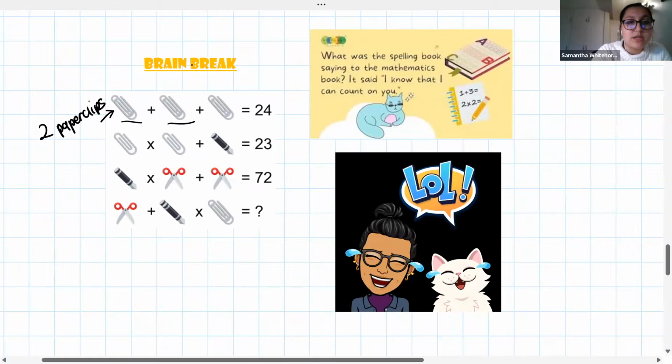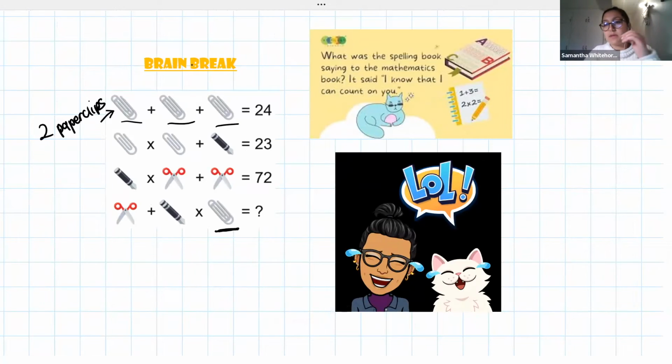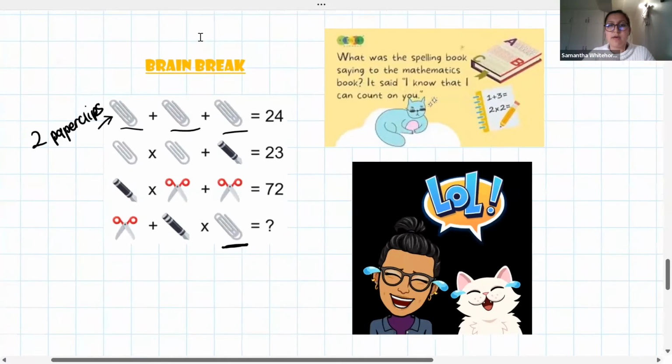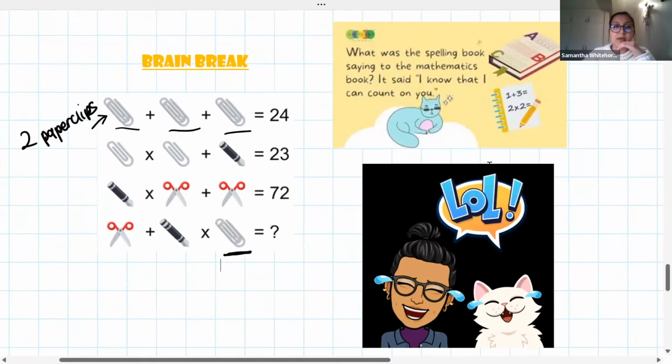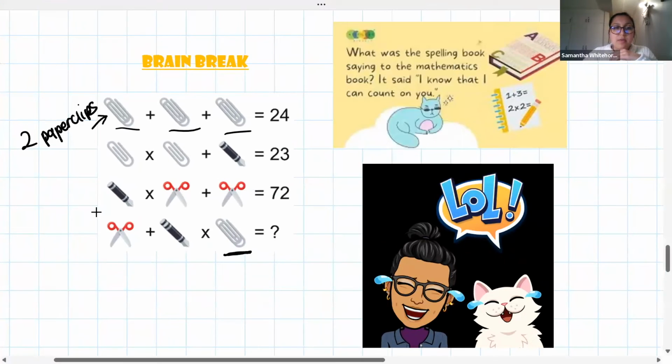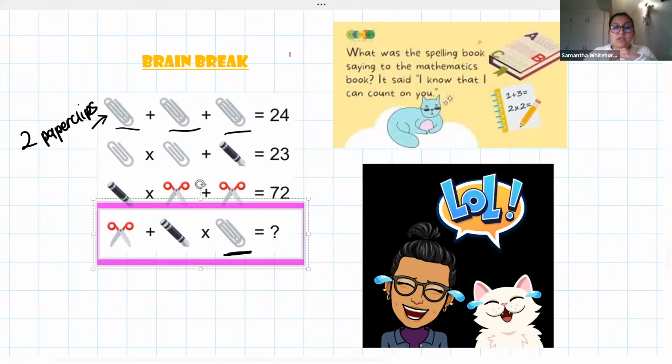So in each of these pictures at the top, there are 2 paper clips as well as down there at the bottom. Okay. So just bear that in mind when you do this brain break, the fact that there's 2 paper clips. Otherwise, the second equation seems a bit iffy. If you have forgotten, remember what I want you to do is find the value of this last equation down at the bottom there.